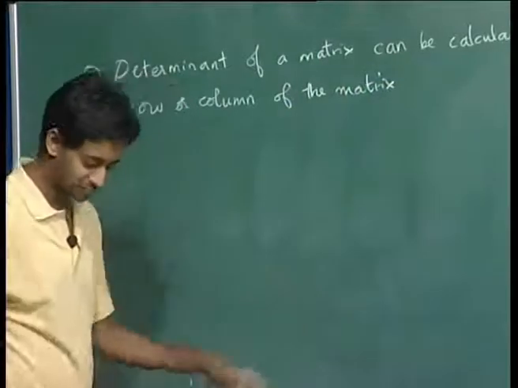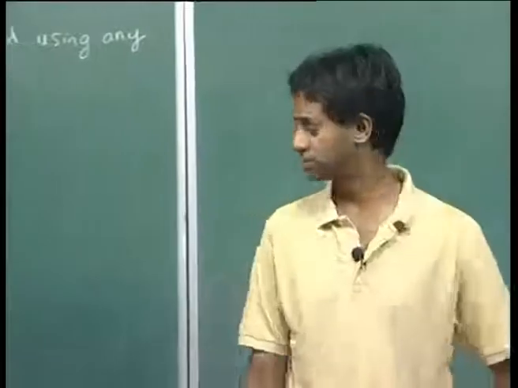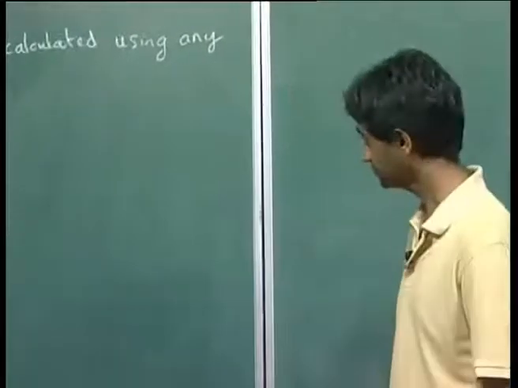In the examples that we looked at so far, we were always using the top row or top column, but you can calculate a determinant using any row or column.